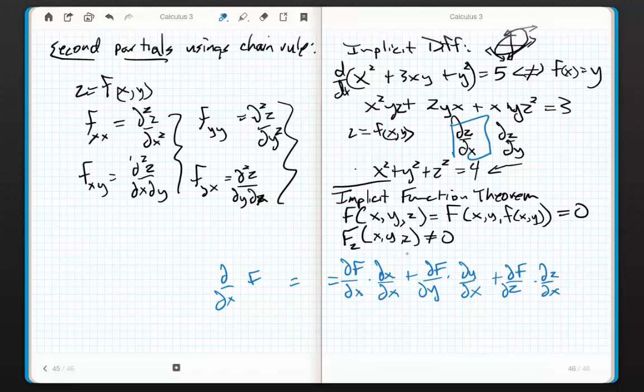Now, notice a couple of things. First things first, what is this partial of x with respect to x? Well, it's 1. What is the partial of y with respect to x? If I take this of y, what do I get? I get 0. This term drops out. You with me?